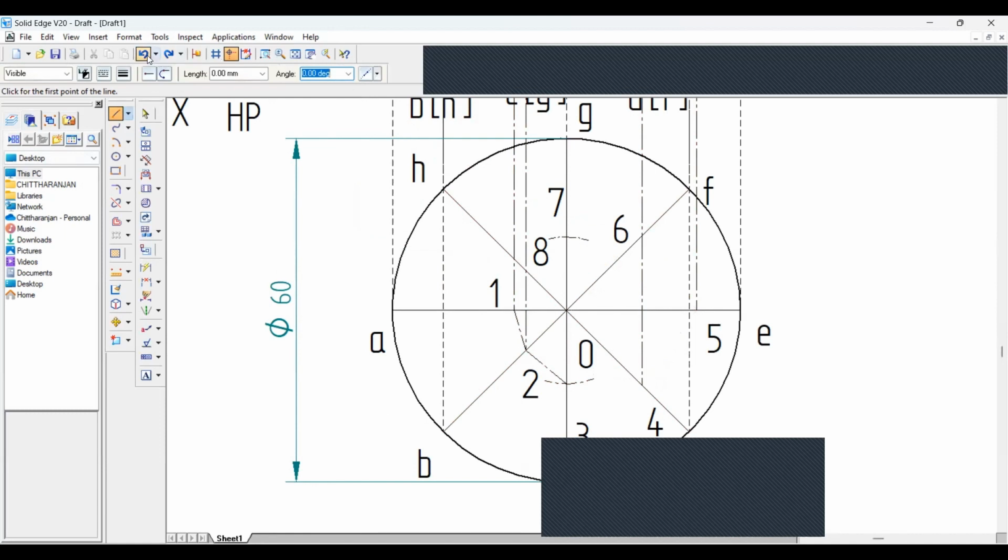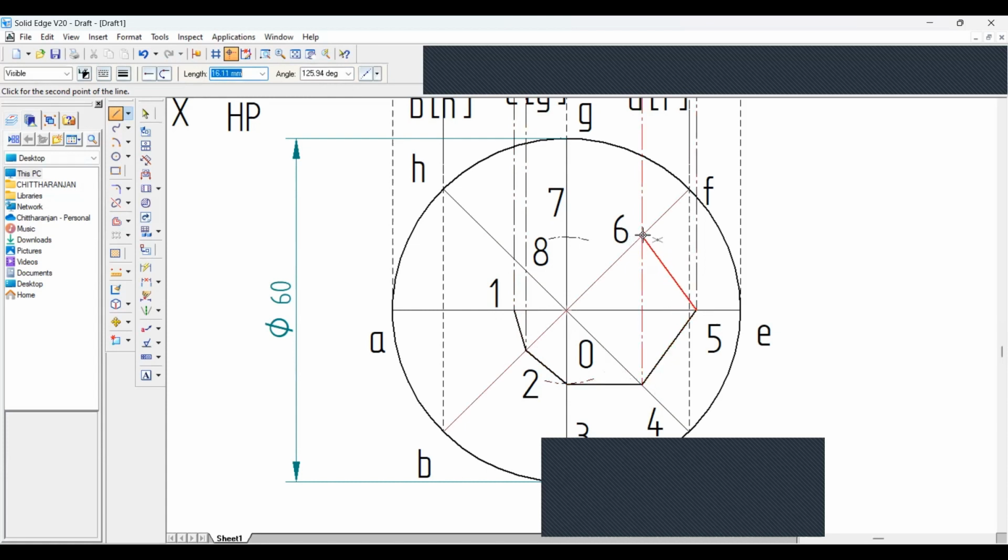The entire line should be thickness of 50 mm, and the continuous line. Be careful while joining the lines. Check the end point and all.